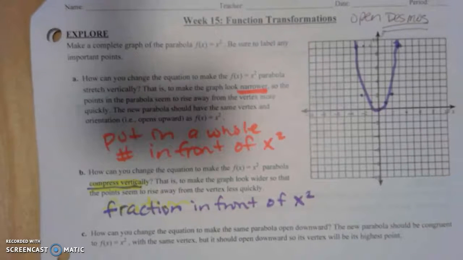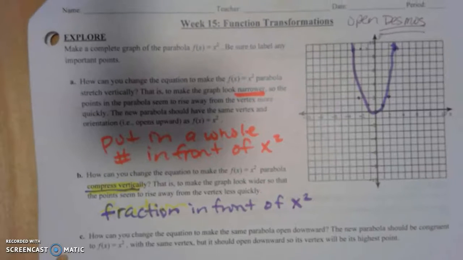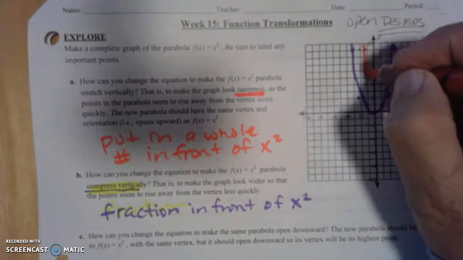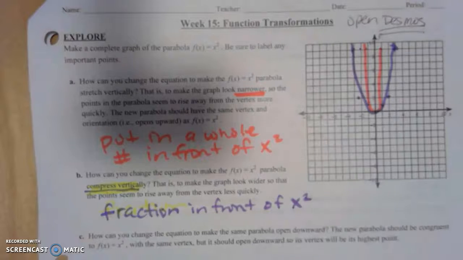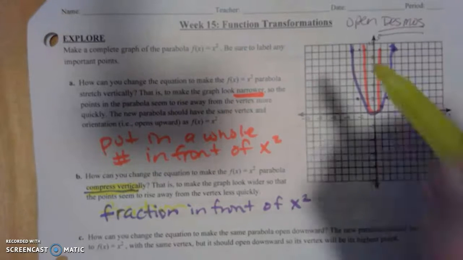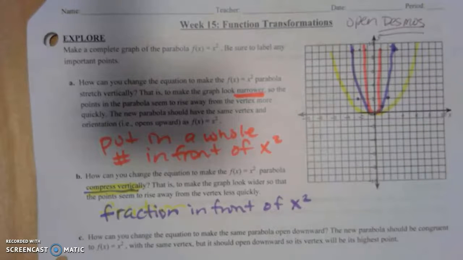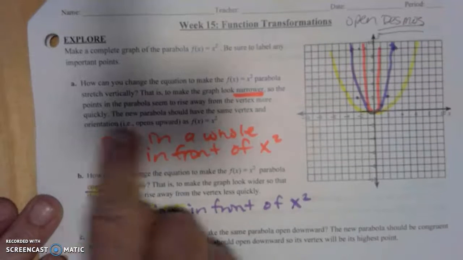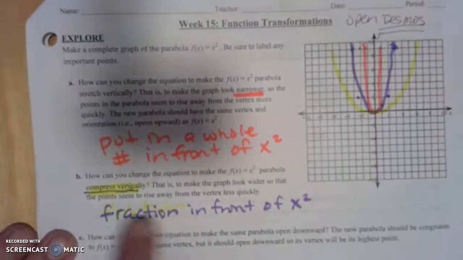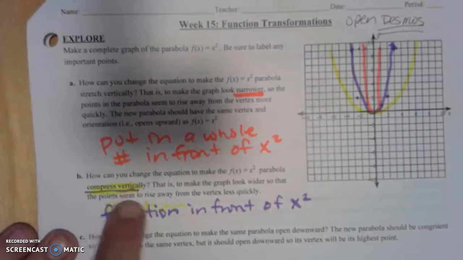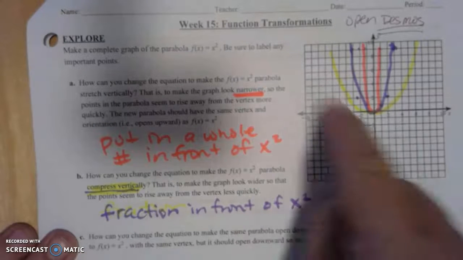All right? And so now we know how to either make it skinnier or make it fatter. Can you see the yellow on the graph? Yes. Okay. So I'm kind of color coordinating. Narrower is in the orange, and compress, or fatter, is in yellow.